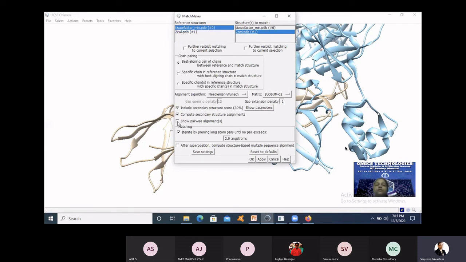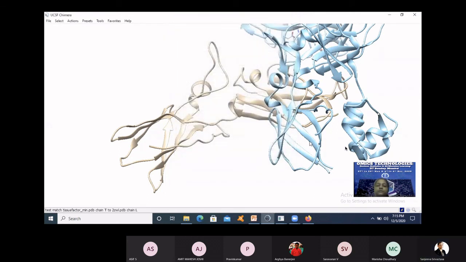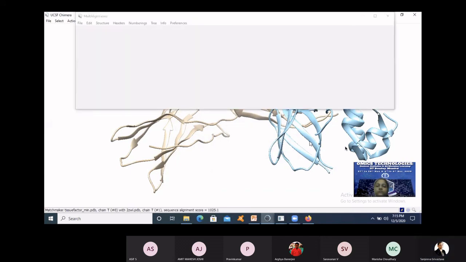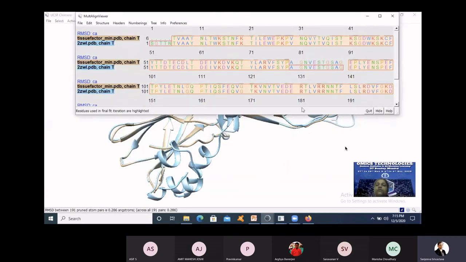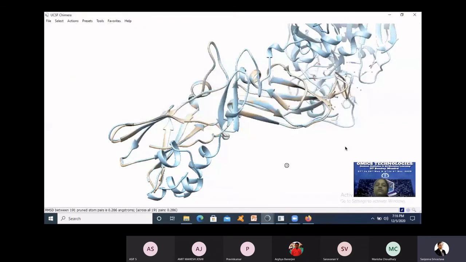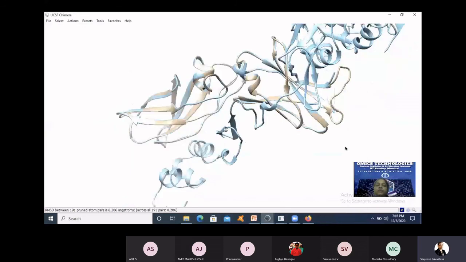If I want to also see the sequence alignment, I can go for pairwise alignment.